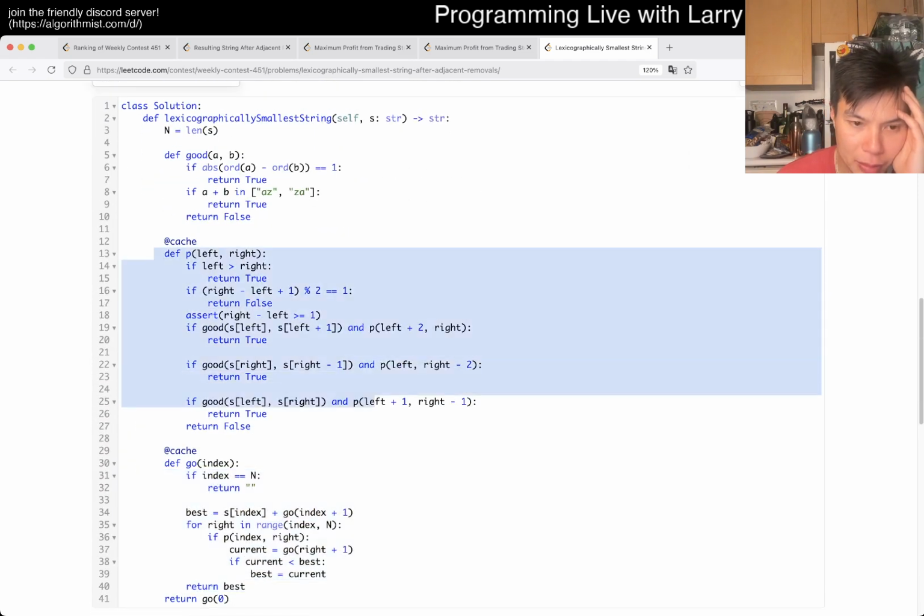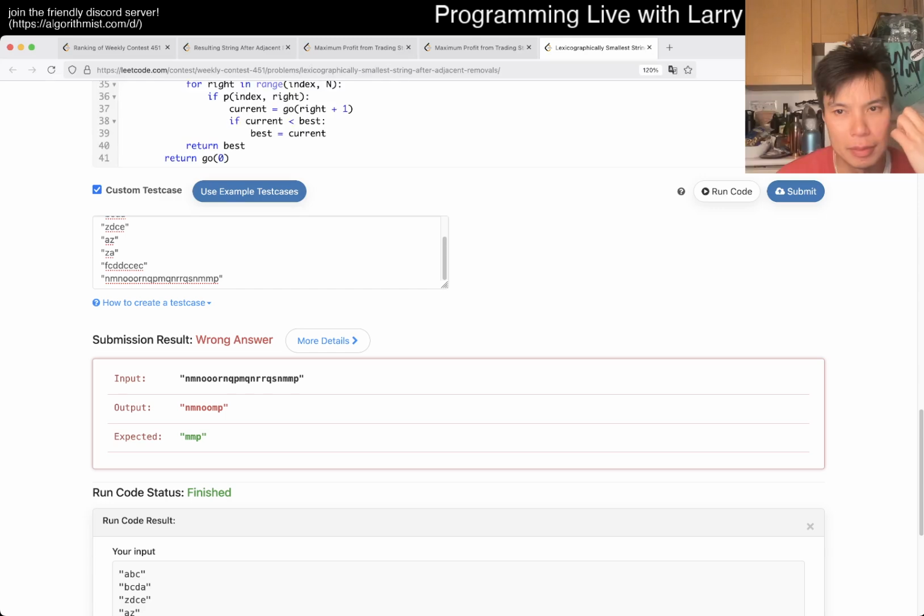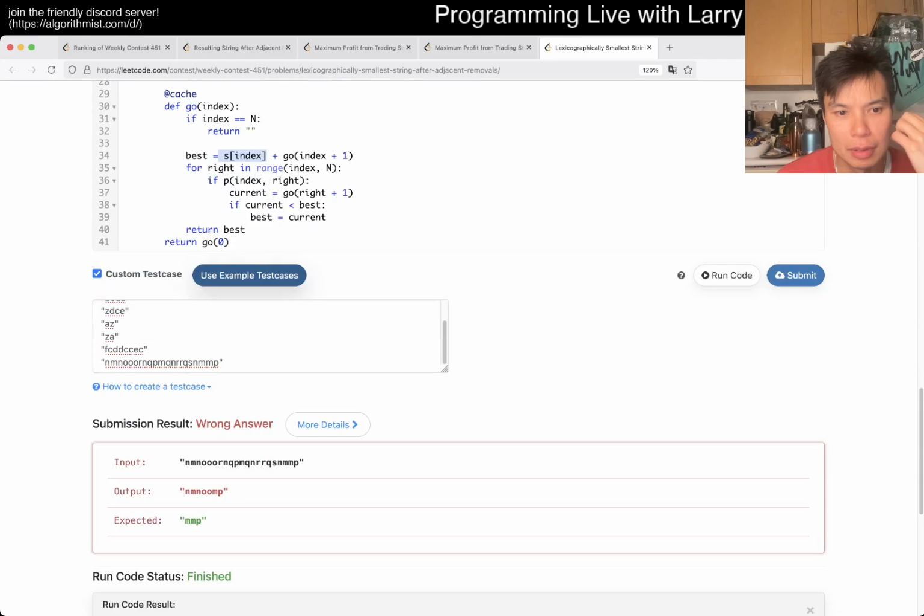Maybe this is right. DP is a little bit wrong though, because we never remove characters that we retain here. But that should be part of this. I don't know which M it wants to be, but that's weird.